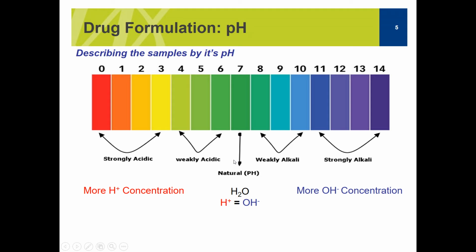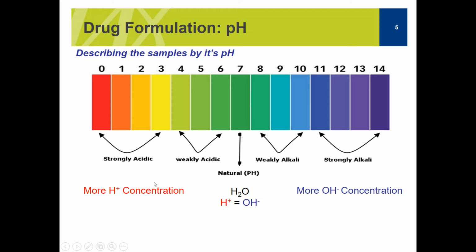So in the middle is water, H2O. If we break it down, it is H plus and OH minus. This is a hydrogen ion, and this is a hydroxyl ion. And at neutral pH, the hydrogen ion is equal in concentration to the hydroxyl ion. So the concentration of H plus is equal to OH minus. It's going to give you a neutral charge of 0.